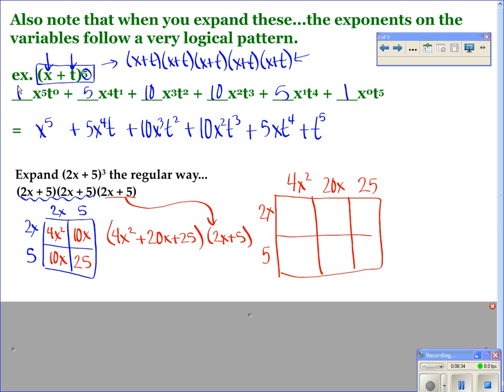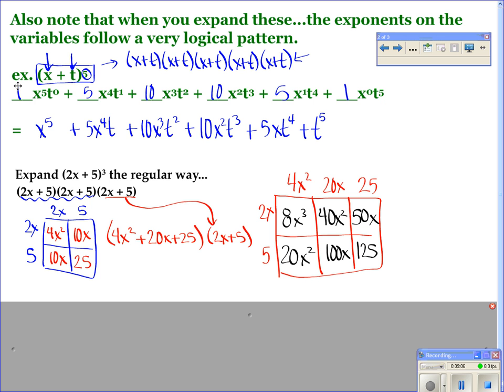And we'll just multiply the left and the top on these. 8x to the 3rd, 40x squared, 50x. Did I make any mistakes? And then there's a few things that we can combine for like terms, right?